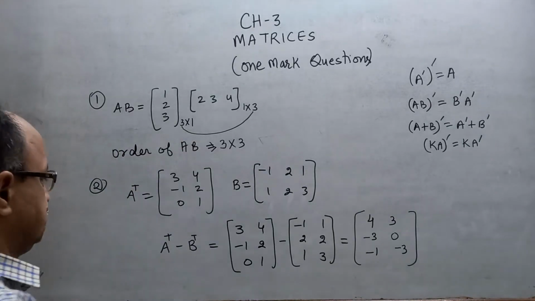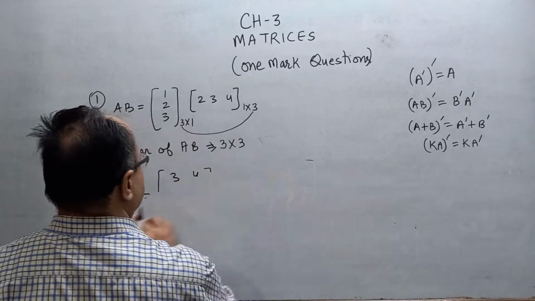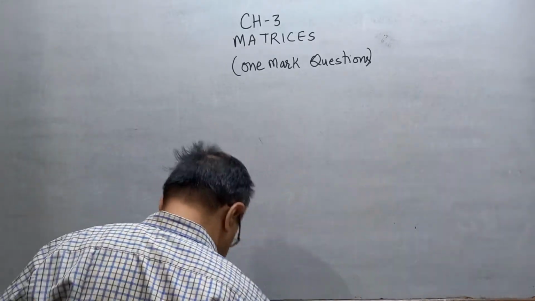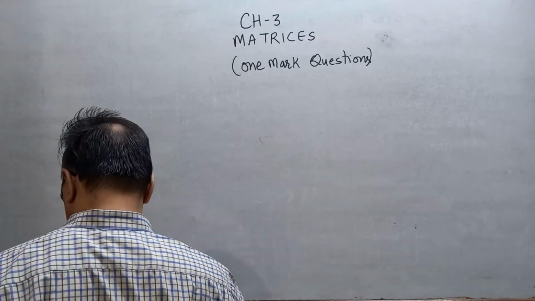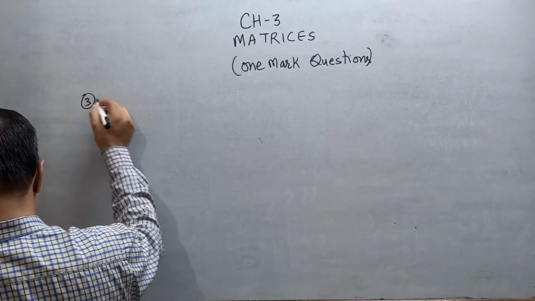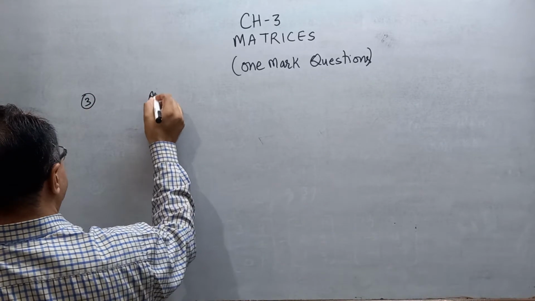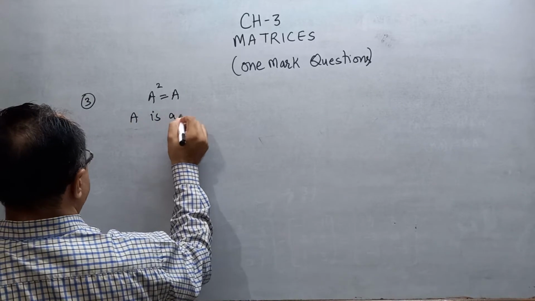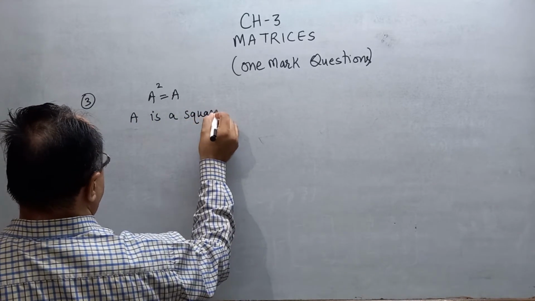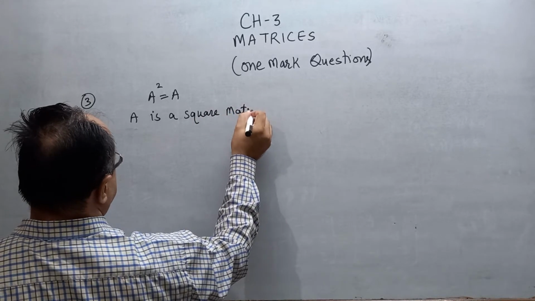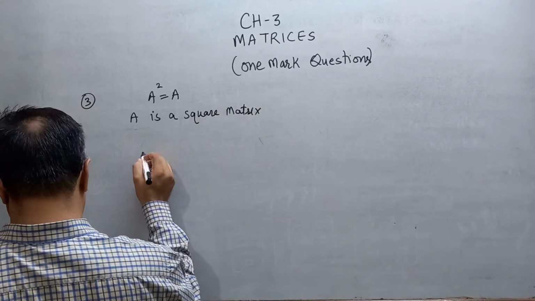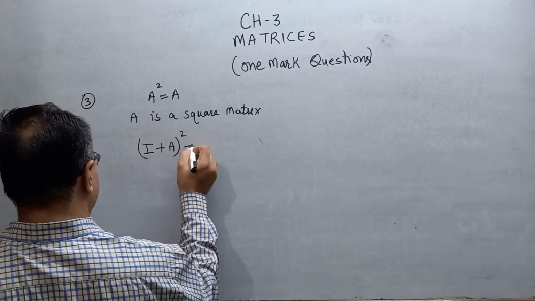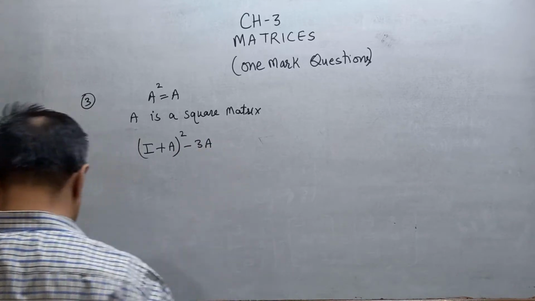Here, one more previous year's board question. Question number 3: A is a square matrix, A square is equal to A. Then write the value of (I plus A) whole square minus 3A.